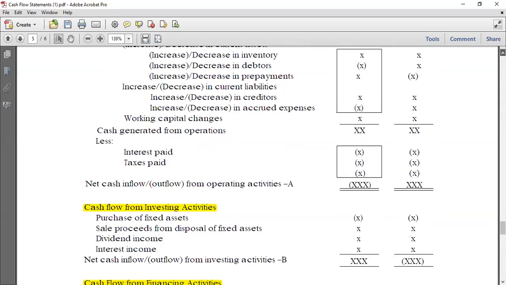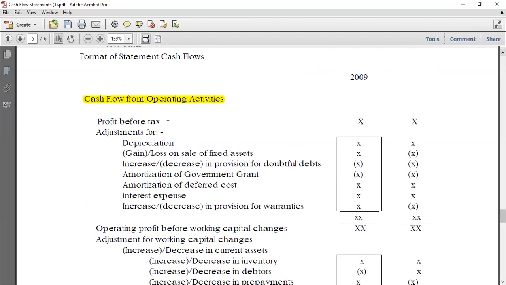Okay, now remember we are saying that we start with our profit before tax. Now, the reason why we bring our profit before tax here, like I said, is that the P&L does not give us the true cash position of the company. A company saying I've made a profit of 3 million or 4 million or 30 million does not mean that they actually have that money in their bank account.